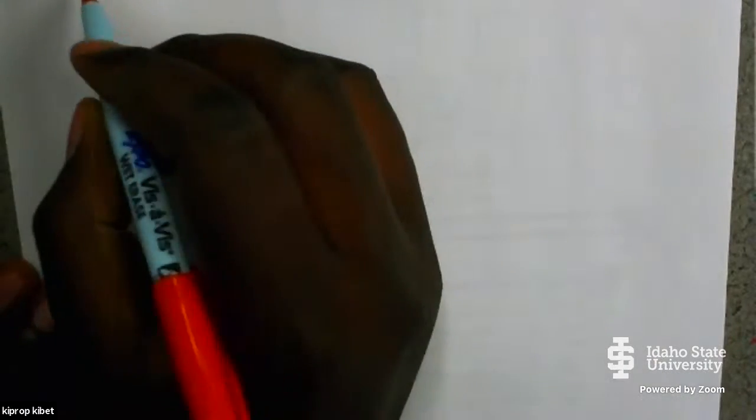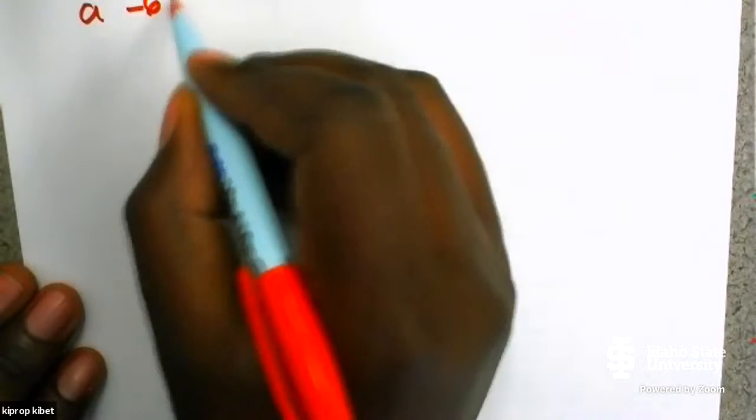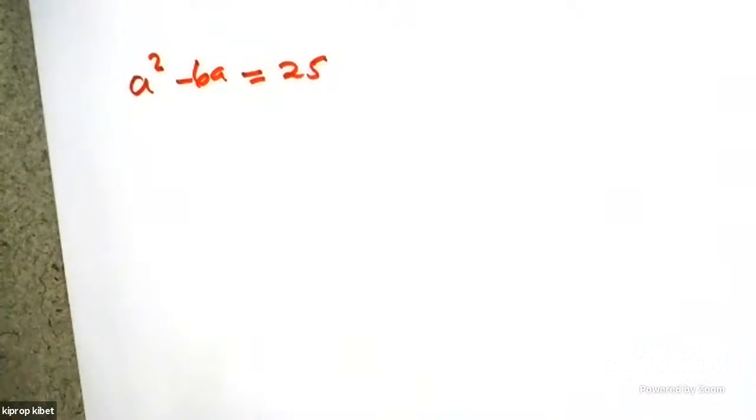Solve a squared minus 6a equals 25 using completing squares. They have already put the constant to the other side.